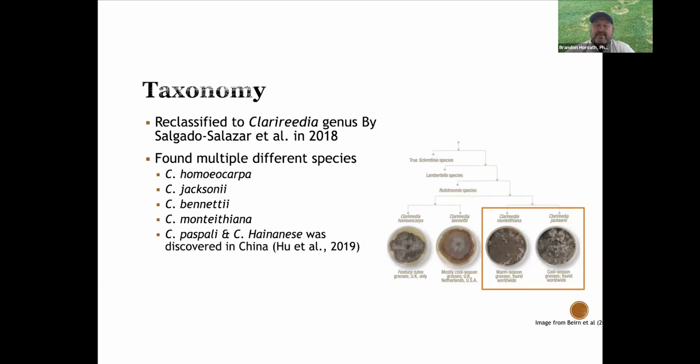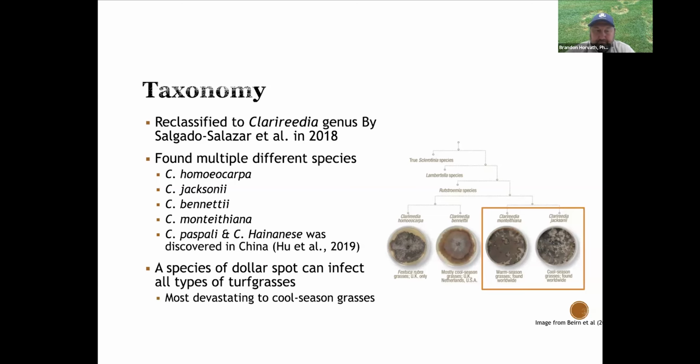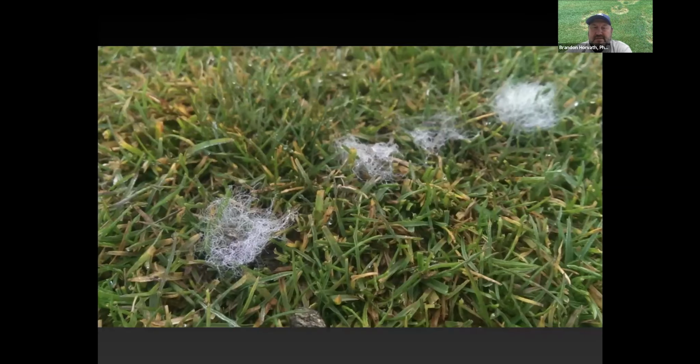The only organisms in Clariredia are grass pathogens that cause damage on turf grasses and cause what we call dollar spot as a common name. So these species can infect all different types of turf grasses. Most can infect cool season grasses. The largest proportion of those is jacksonii. They will damage cool season turf. And then you've got Monteithiana on warm season turf.